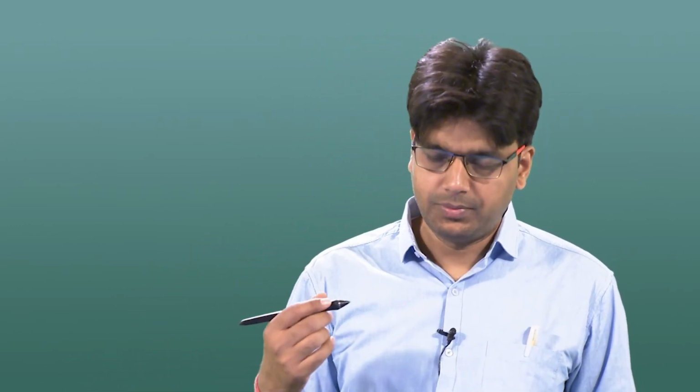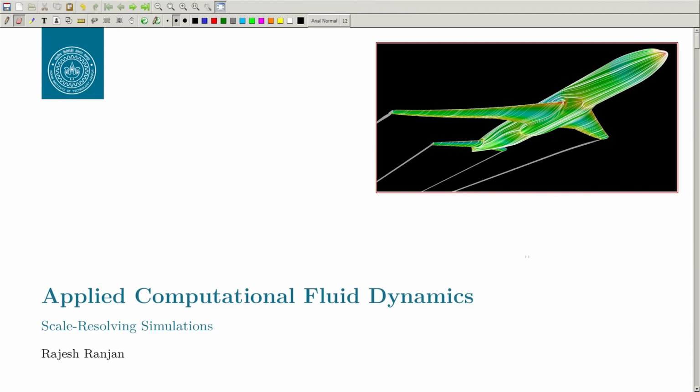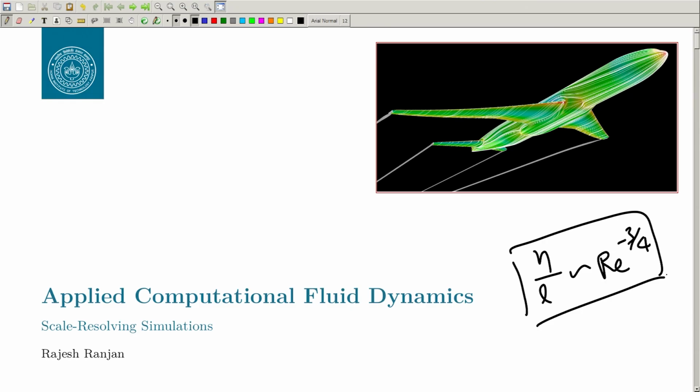We found that the smallest eddy that we want to resolve, if we are using a direct numerical simulation, divided by the largest eddy, that is eta by L, goes as Re to the power minus 3 by 4. This is purely by considering the scaling argument, and we had two assumptions.